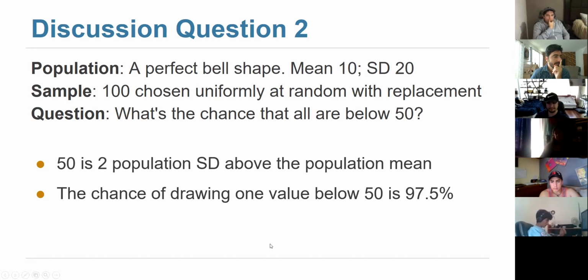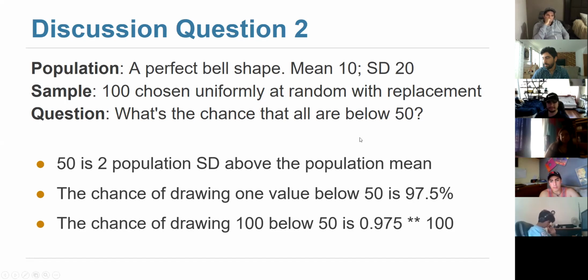But that's just for one draw. If you want to do it 100 times and make sure all these hundreds are below 50, then it would be 0.975 to the power of 100. This is the equation that you were talking about in the second or third class.